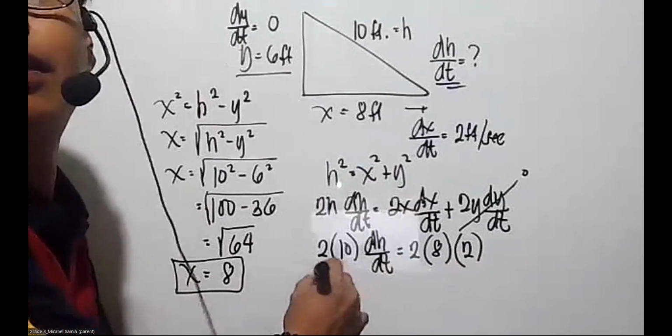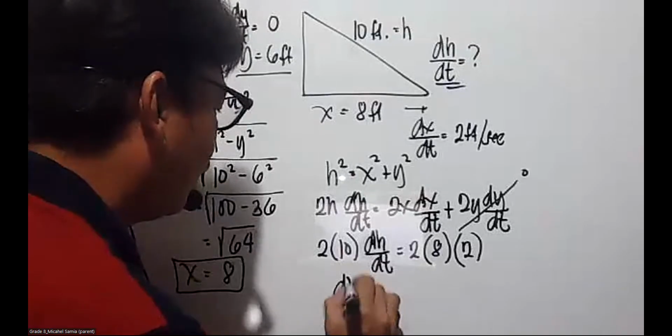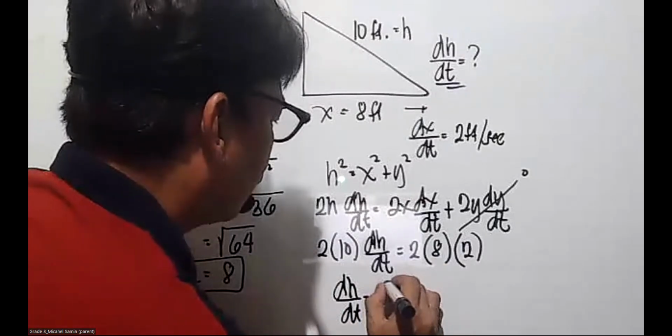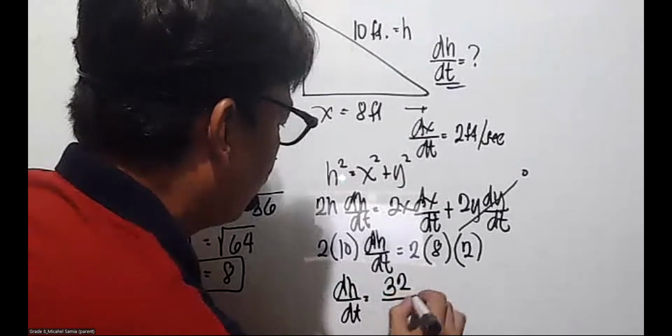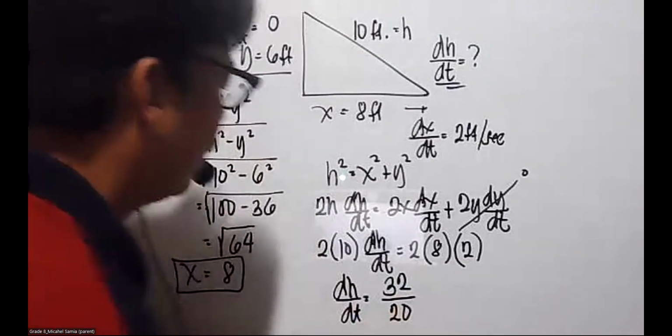Okay, isolating dh/dt, hopefully it's still visible, Josh? Yes, visible. Okay, so we have dh/dt equal to, this is 32, okay, so 32 all over, then cross multiplying, this is equal to 20.